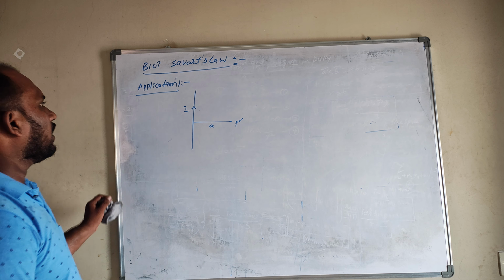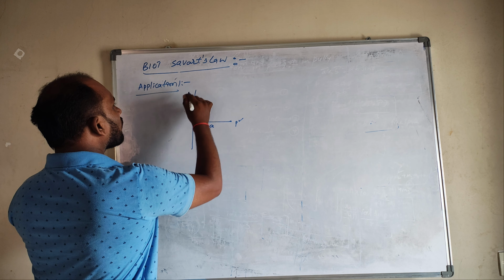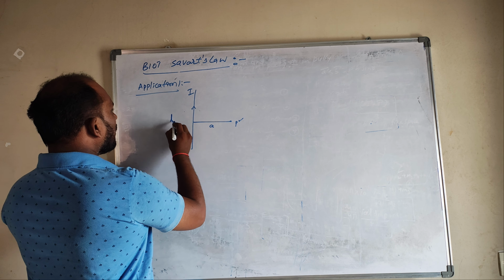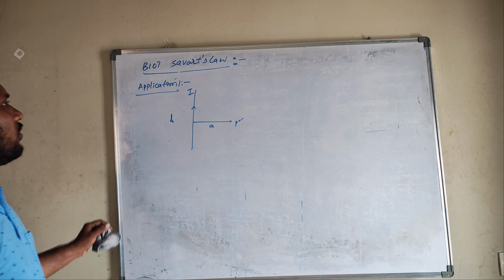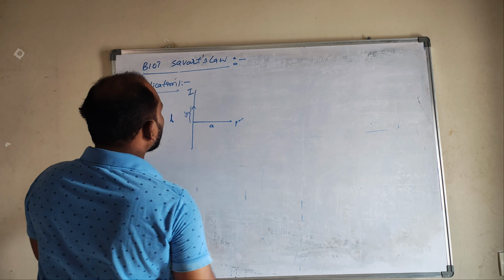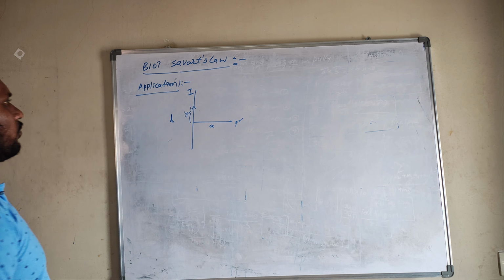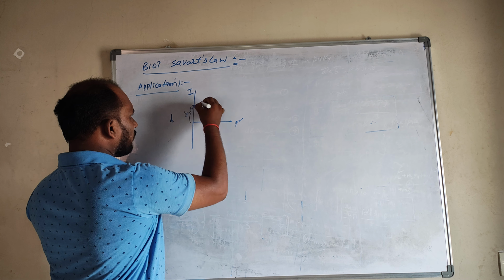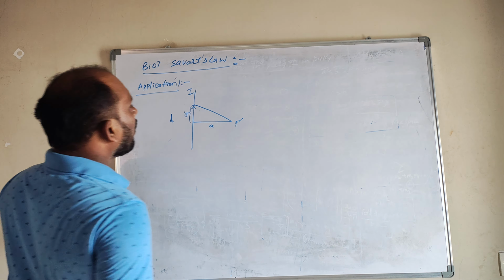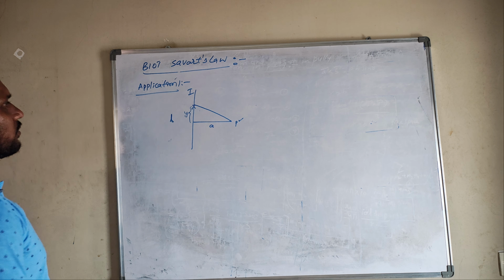For that, I have to take L as the length of the conductor. Now I have to take a short length called dy. Why am I taking a short length? From here I draw a line which makes an angle of theta.